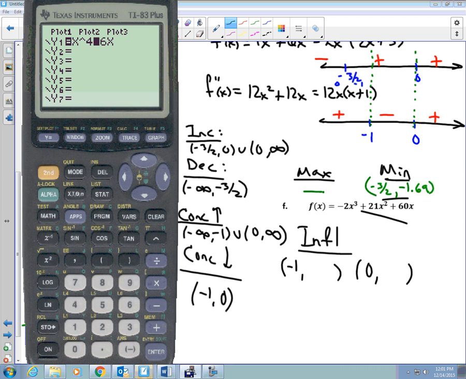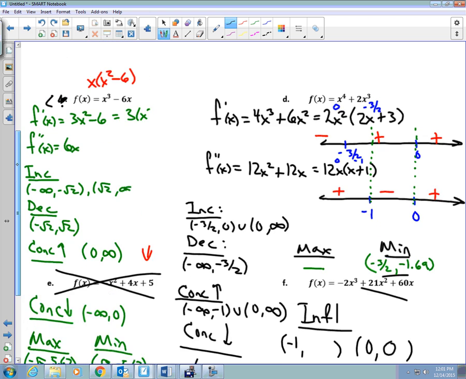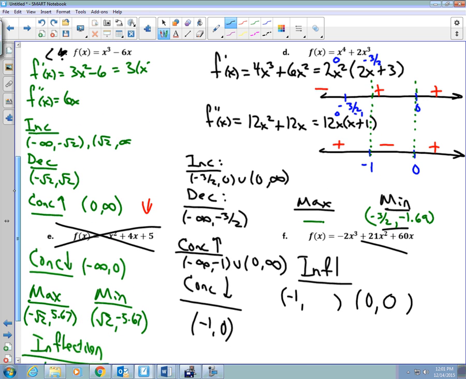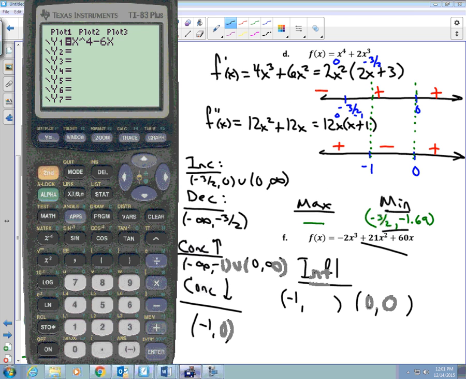If you plug in 0, you get 0. If you plug in negative 1, negative 1 to the fourth is 1. No, you're right. Okay, negative 1. There you go.